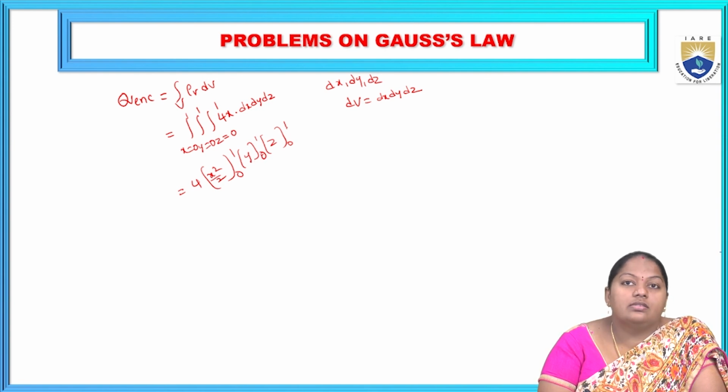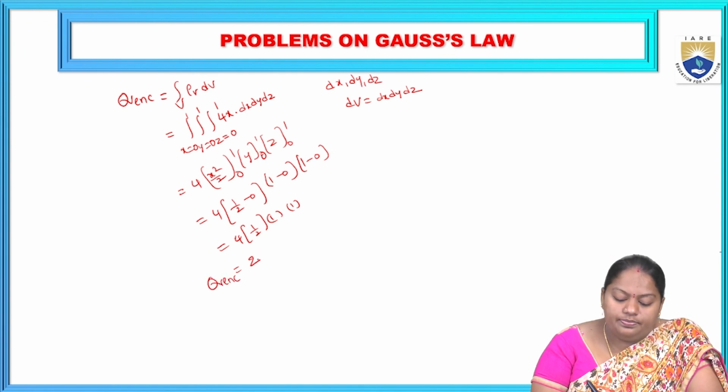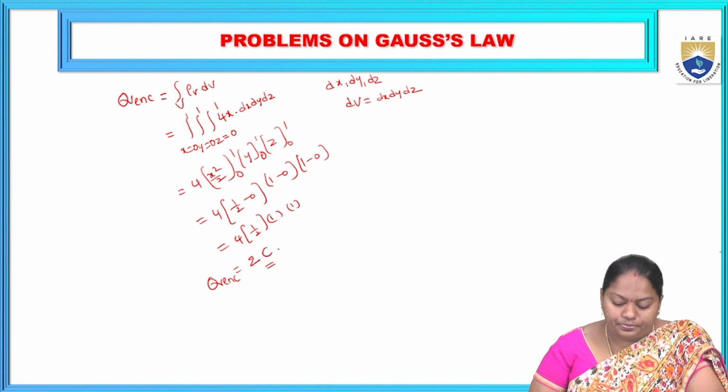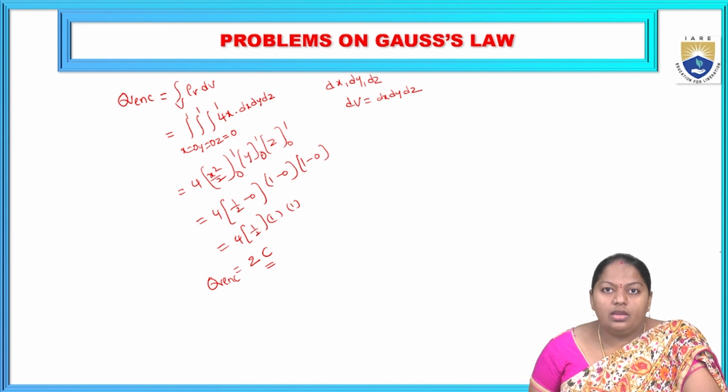Similarly for z, 0 to 1, which is equal to 4 into, substituting the upper limit 1, 1 by 2, the lower limit becomes 0, then y is 1 minus 0, and z is also 1 minus 0, which is equal to 4 into 1 by 2 into 1 into 1. So it becomes 2. Hence, Q enclosed is equal to 2 coulombs.